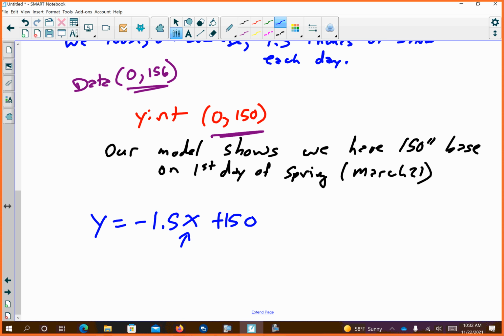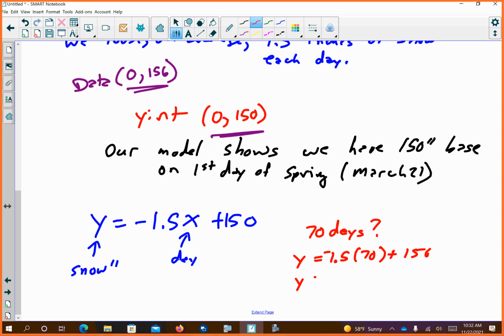So we know that this is the day. This is snow in inches. All right, so how much snow would we have after 70 days? Well, I'm going to plug the 70 into our equation. Somebody with a calculator, what's 15 times 70?